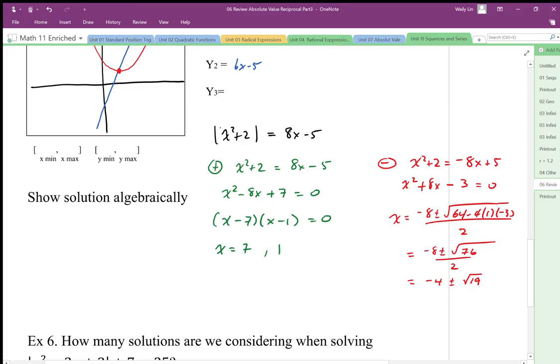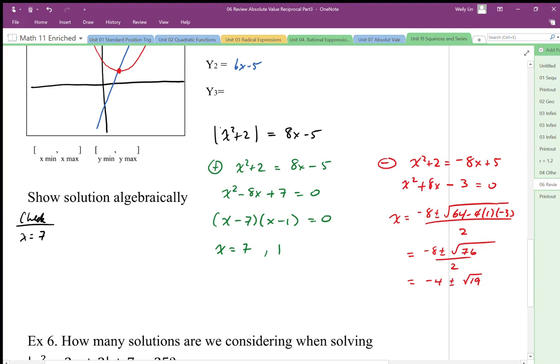Okay, so when I check these, this would be my check. So x equals 7, and I can see that x equals 1 and x equals 7 are probably going to be my solutions. And when I take a look at negative 4 minus root 19, it looks like that's going to be a negative number, and we don't have any negative solution.